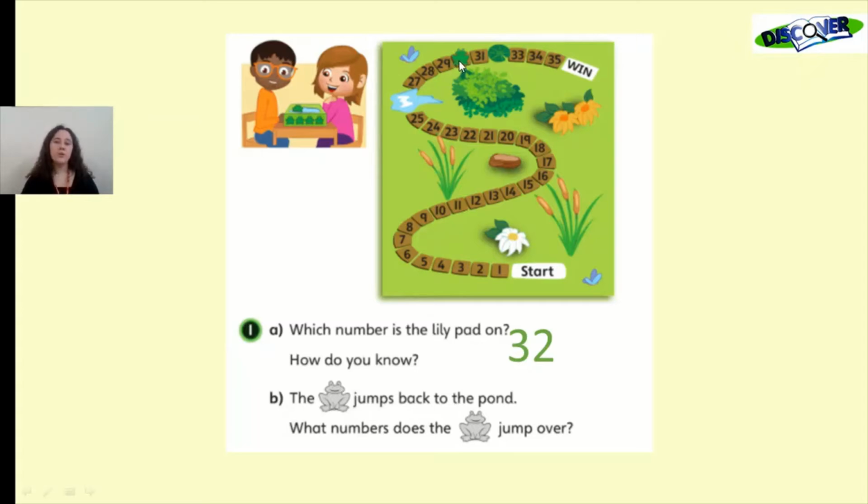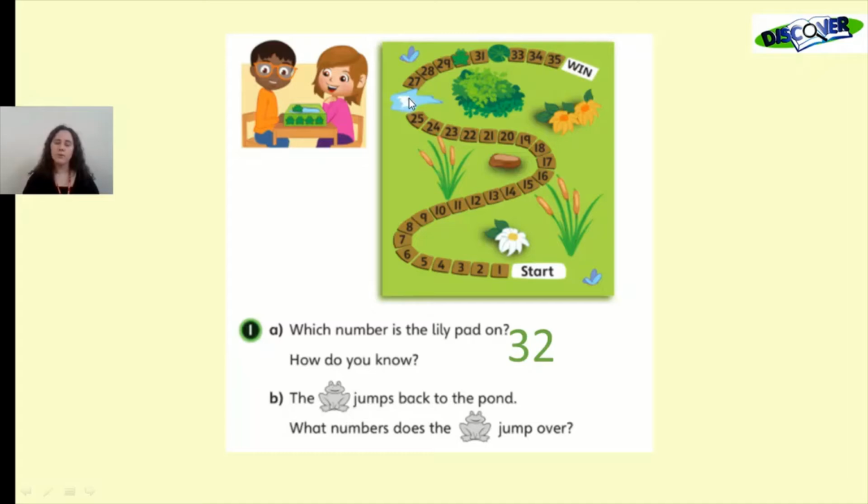So the frog is going backwards. So what way are we going to need to count? Are we going to need to count forwards or are we going to need to count backwards? Brilliant. We're going to count backwards and our number is going to get smaller. So if you remember, we discussed before that the frog must be on number 30. So you're ready to count back till we get to the pond? Let's go. 30, 29, 28, 27, 26.